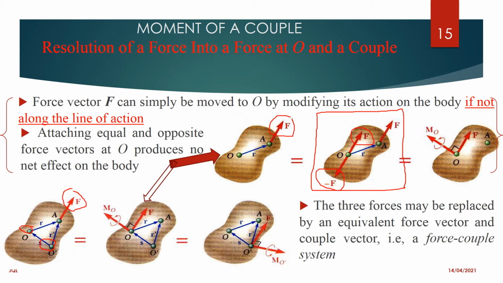This is also the same as having a moment at O. If you take a moment about O, you realize that this is like a couple. This force and that force is like a couple.